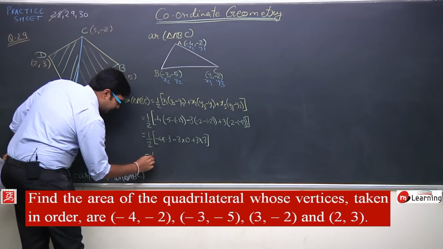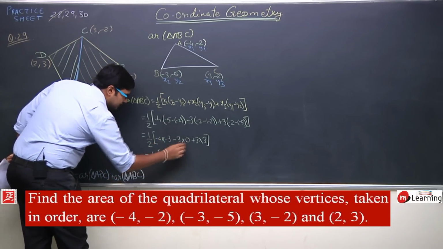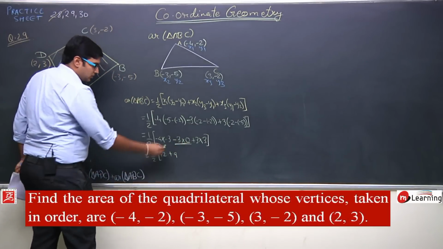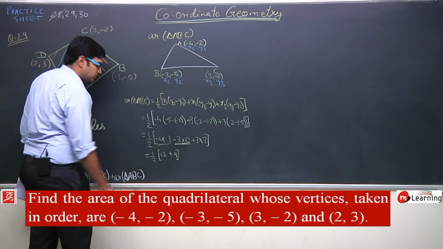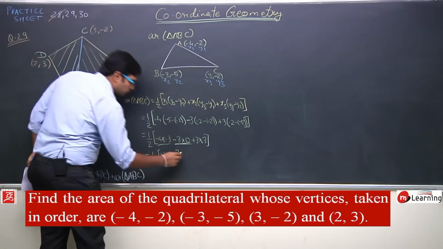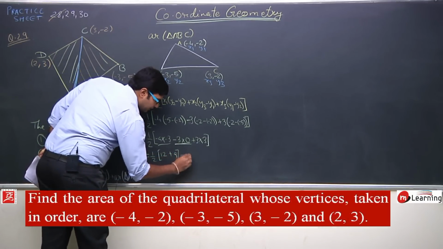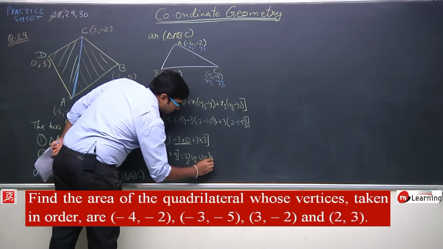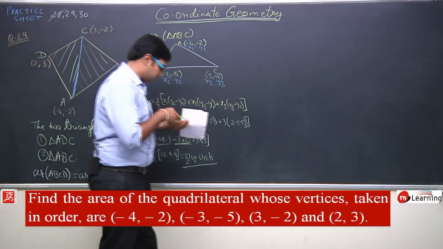Further simplifying, it will be half of, in brackets, 4 threes are 12, and 3 into 3 into 0 is 0, and 3 into 3 is 9, bracket close. So 9 plus 12 is 21, 21 upon 2. So the area of this triangle is 21 upon 2 square units. This is the area of triangle ABC.